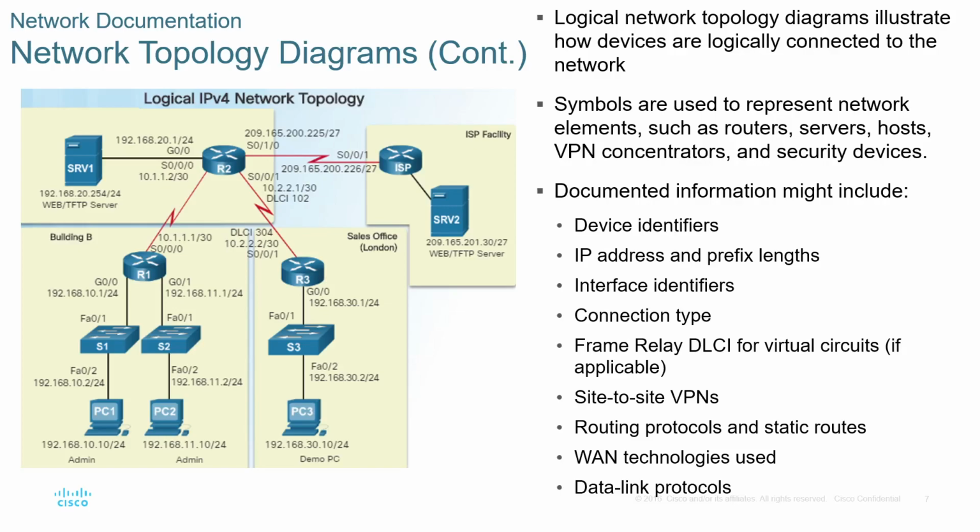Now, if we have a VPN as well, we're also going to have the tunnel information. For example, the GRE IP address for the endpoints will also be shown in the logical topology. We're also going to have WAN technologies that have been used and also data link protocols. In other words, if we have VLANs, if we have encapsulation types and so on, this will be in the logical topology as well.